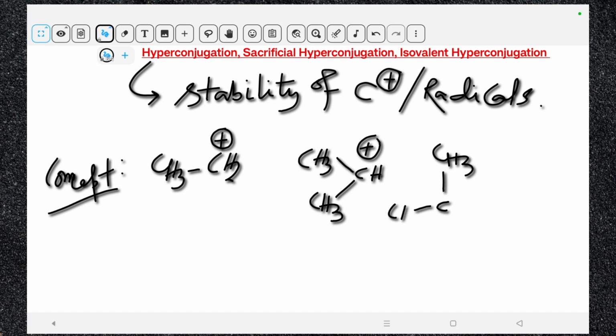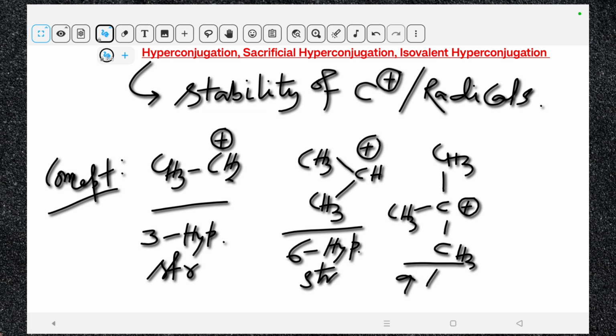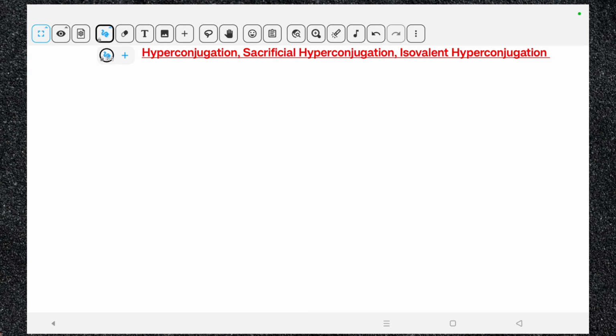We draw the respective hyperconjugative structures. The first one will give 3 structures, while the second one will give 6 and the last one will give a total of 9 structures. From those hyperconjugative structures, it can be easily concluded that the 3-degree carbocation is most stable while the 1-degree carbocation is least.